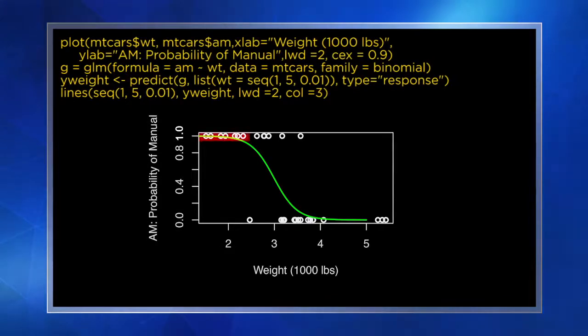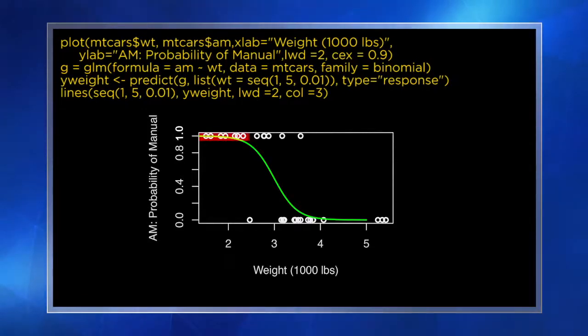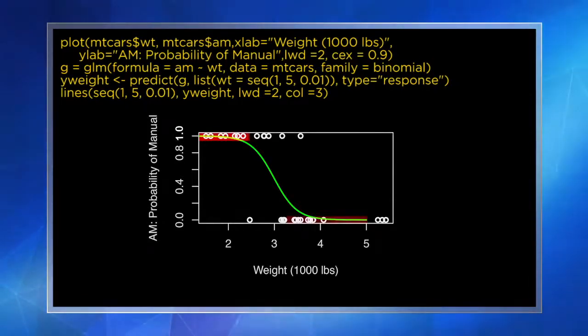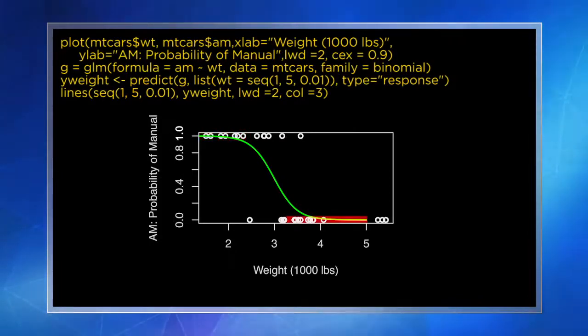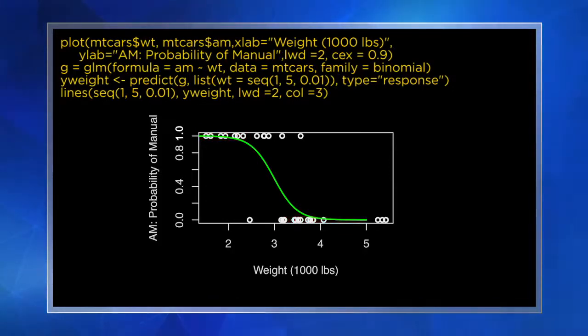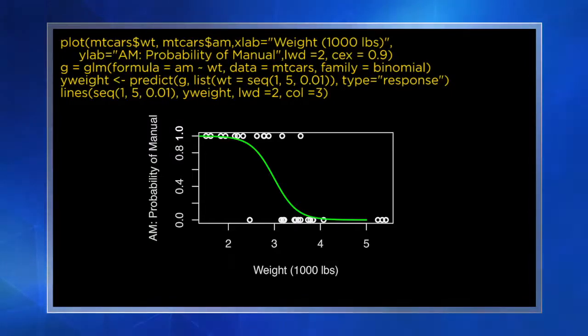You can see for lower weight values, say up to around 3,000 pounds, those cars tend to be manual transmissions, whereas as the weight of the car increases, we tend to see more automatic transmissions. This green line is the fit from our logistic regression, so it's capturing how that probability is changing as the weight changes.